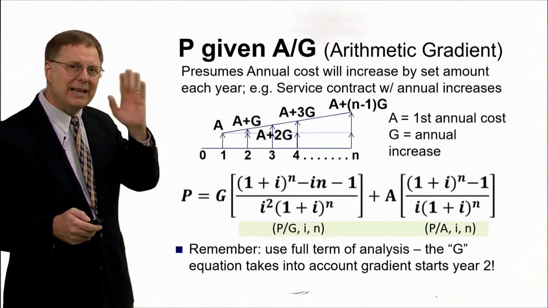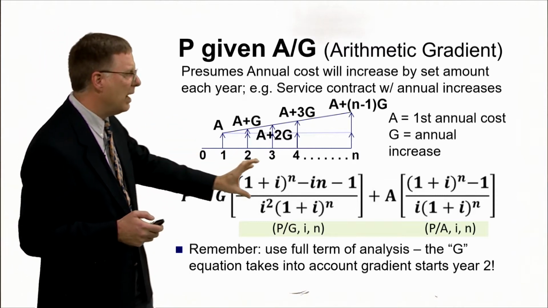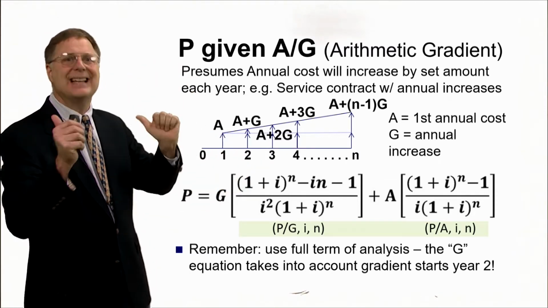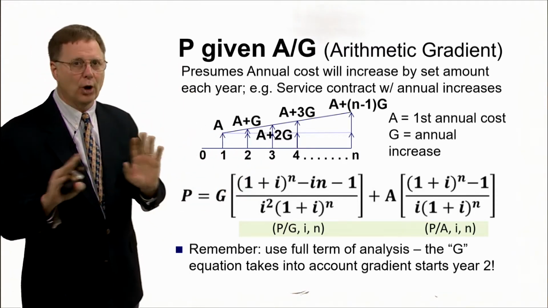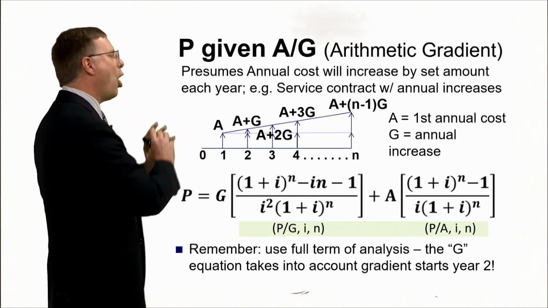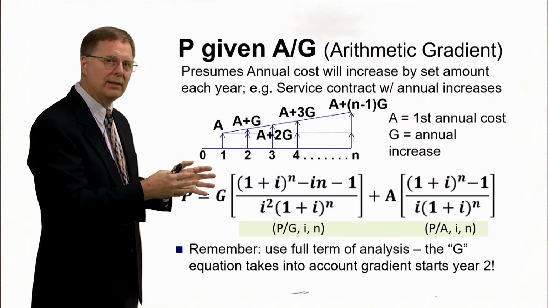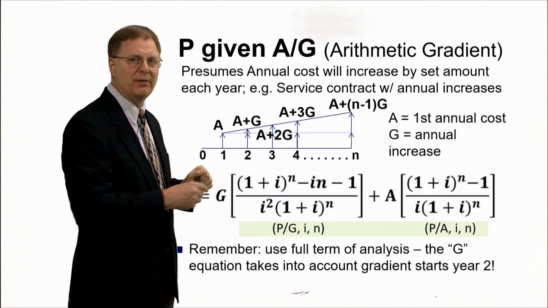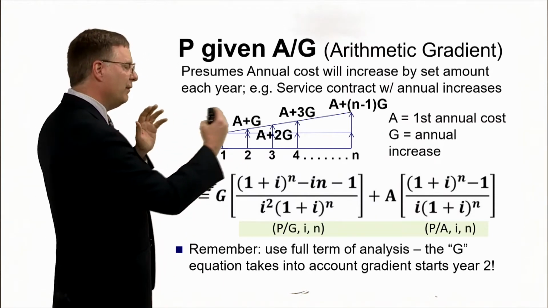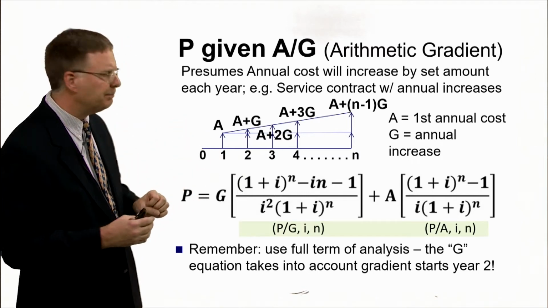So that might cause somebody to be inclined to try to make that end value something less than the term of analysis. Don't do that. This equation is already built for you to deal with it based upon the full term of analysis. So make sure you use the full n, not n minus 1.